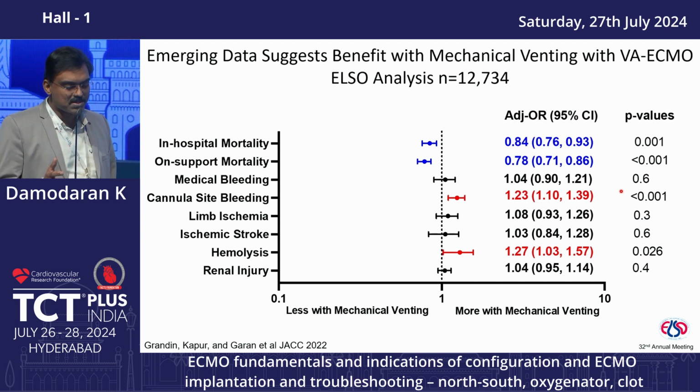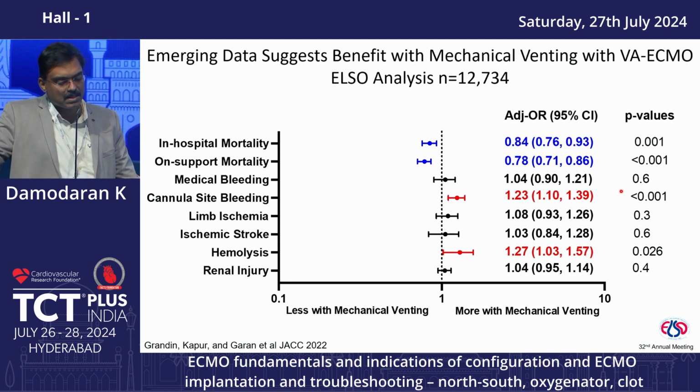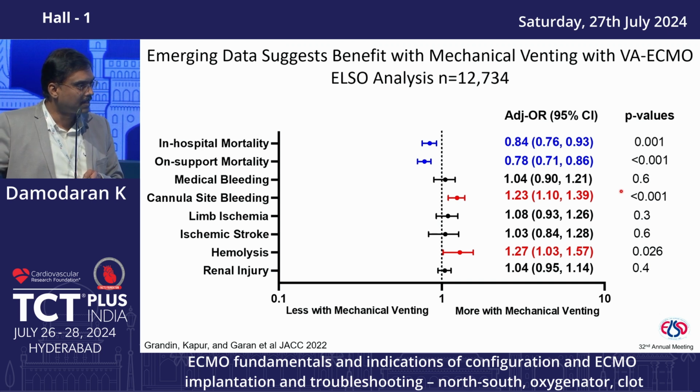This is the ELSO registry. If you look at this, a controversial discussion may arise. There are a lot of large retrospective studies and meta-analyses showing IABP has no effect in venting, whereas this ELSO registry, which is the real-world practice registry, shows venting has in-hospital as well as on-support survival advantage.